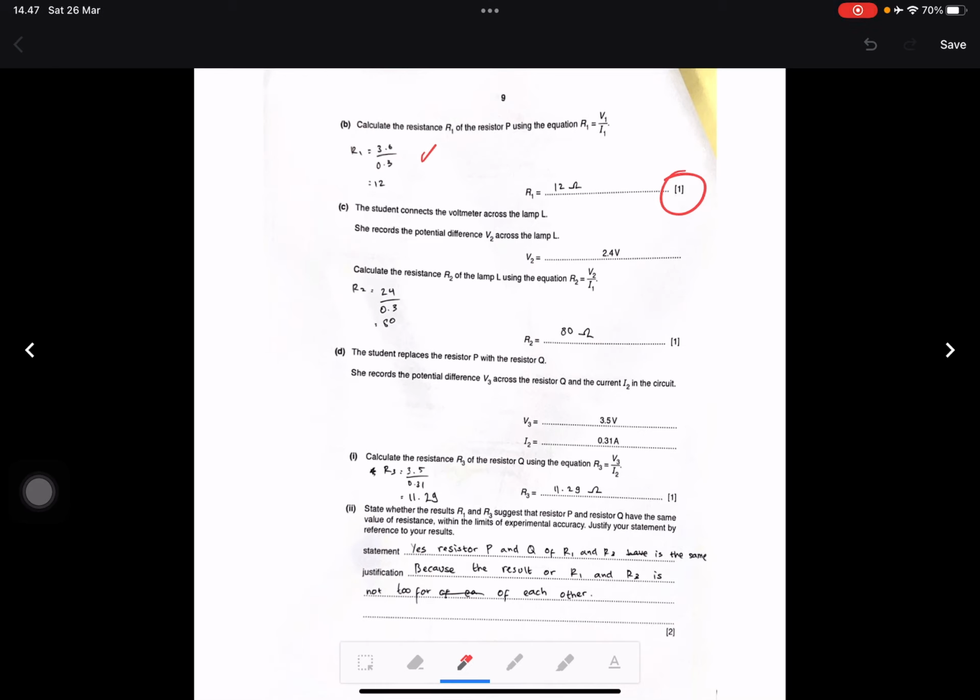V2 is 2.4 and I1 is 0.3, so 2.4 divided by 0.3 equals 8. It's not 80, but 8 ohm.